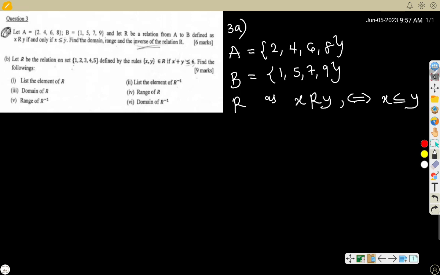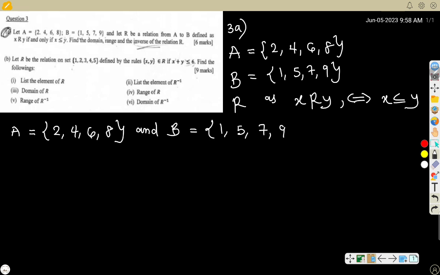So let's do that. So first we have A equals 2, 4, 6, 8, and we have B equals 1, 5, 7, 9.